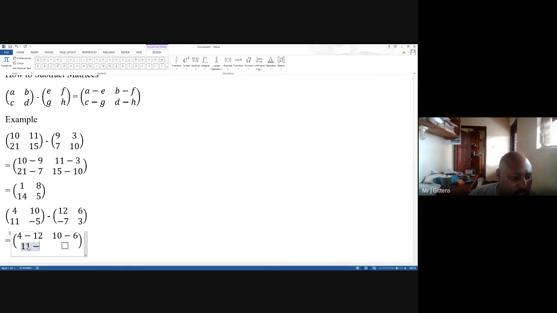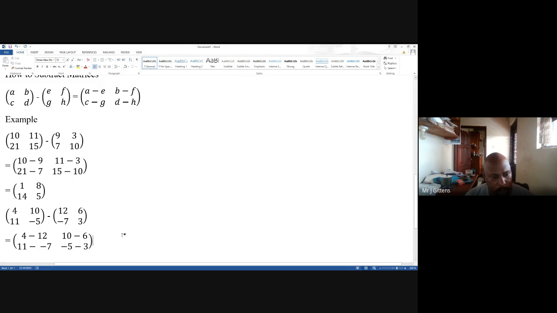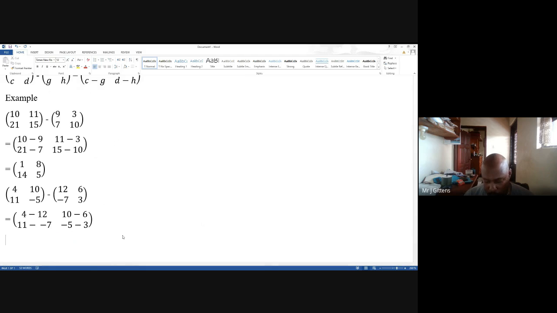I find a lot of children will just write 7. No, it's negative 7. So after the minus sign, you write negative 7 behind there. And then finally, negative 5 minus 3. So before I do anything more, I will make sure that I simplify that.